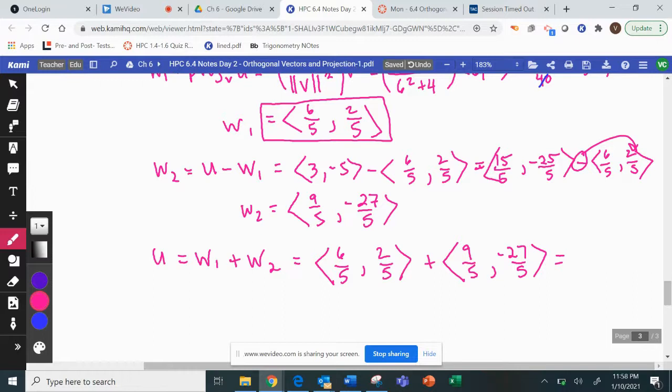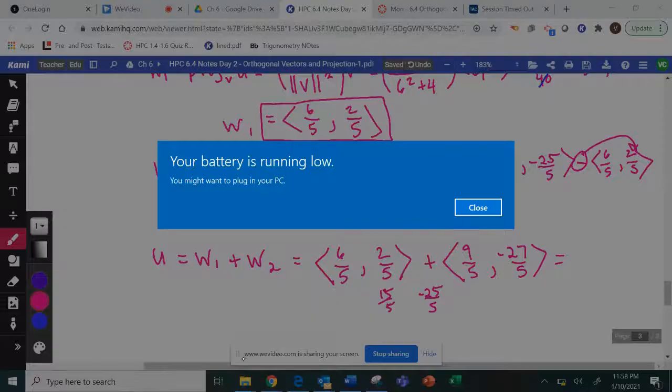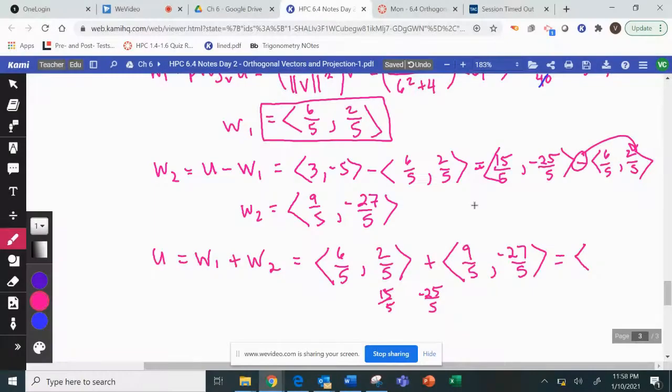And let's see, it's going to give us 15/5 and -25/5, which equals such a nice number. Let's see, we get 3, -5.